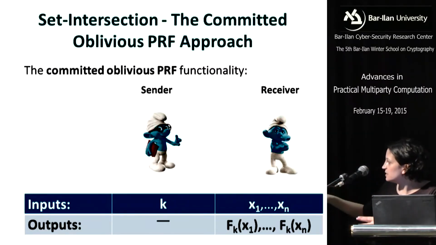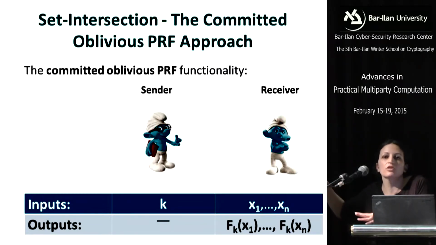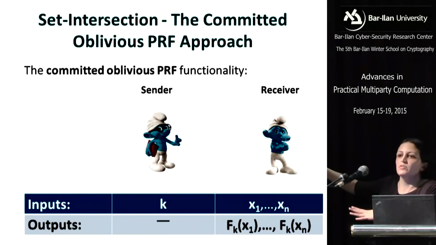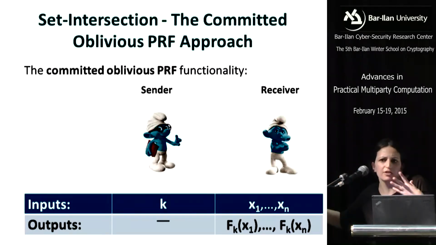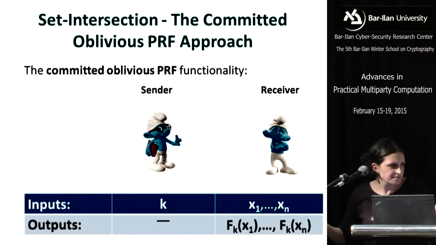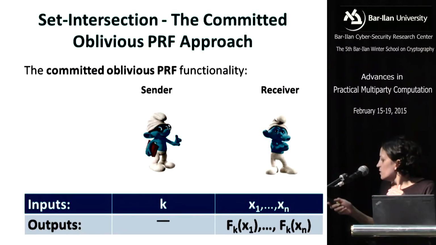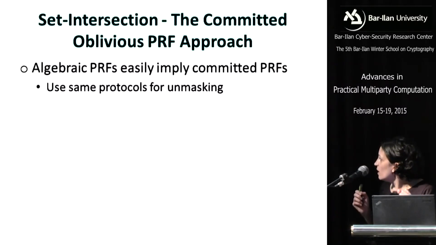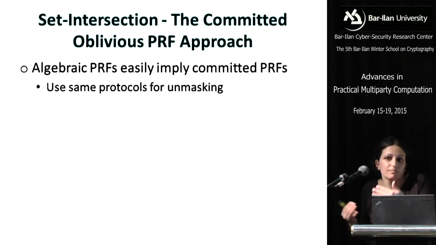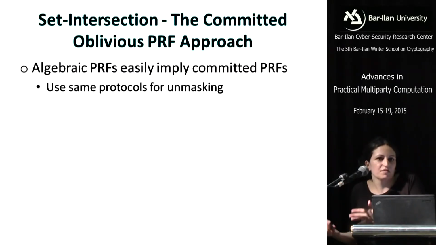Here the functionality is described in a non-adaptive form, so all the inputs are known in advance, but you can think of a variant of the functionality where the receiver picks the inputs to the PRF adaptively.